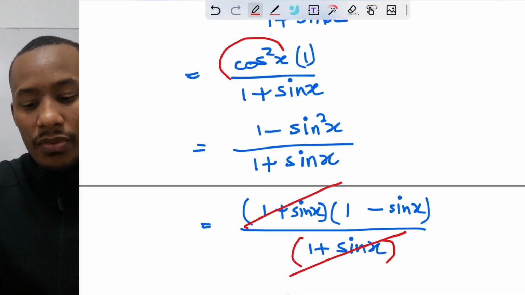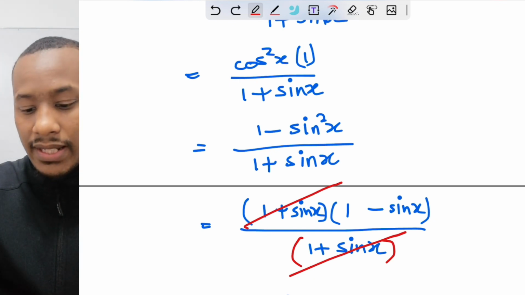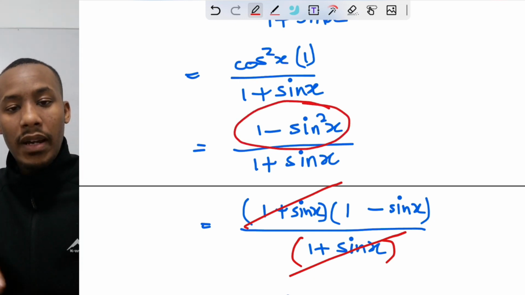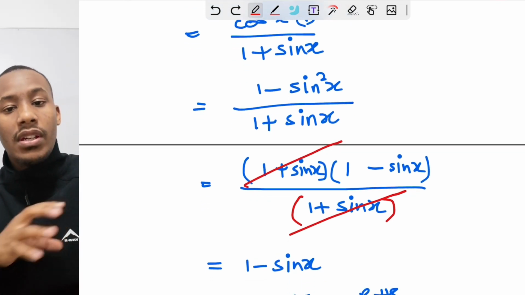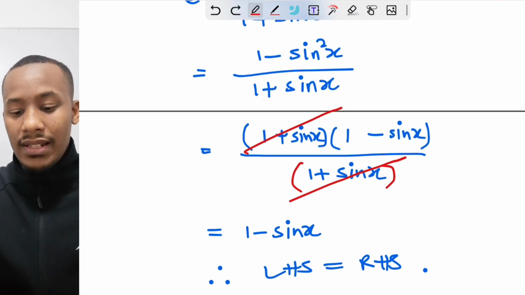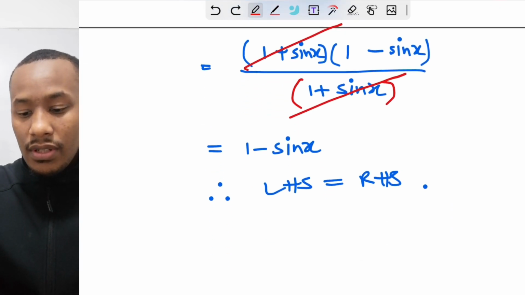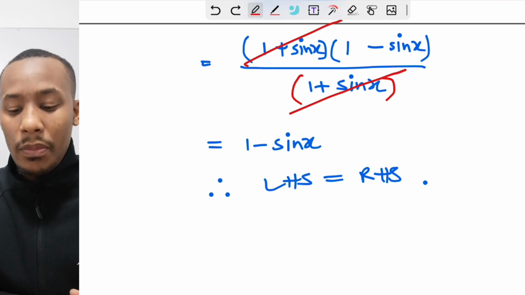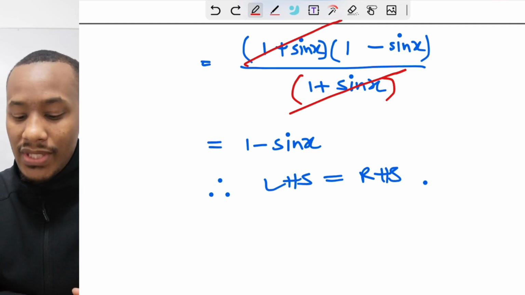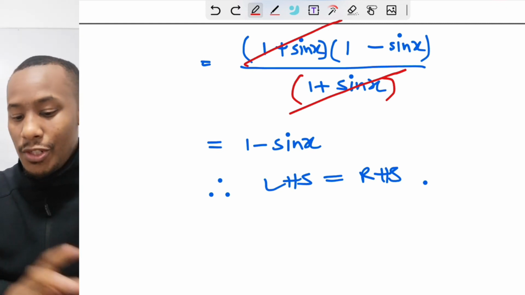Then cos squared x also has its own identity, which is 1 minus sine squared x. And that can be factorized into difference of squares, which neatly cancels out with the denominator that was just chilling there all along, and we ended up with the answer we were looking for. So, a nice and easy question.